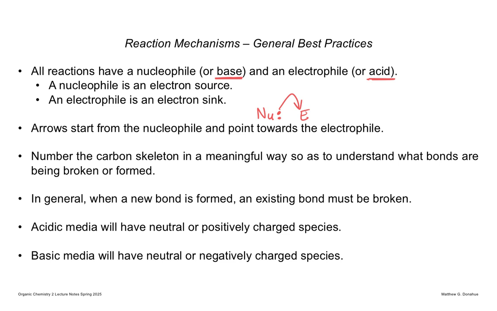We'll want to number the carbon skeleton in a meaningful way so we can keep track of, is this the right number of carbons? Is the ring size correct? Where on the carbon chain are the functional groups? How is the oxidation state changing? A big one is right here. In general, when a new bond is formed, an existing bond must be broken.